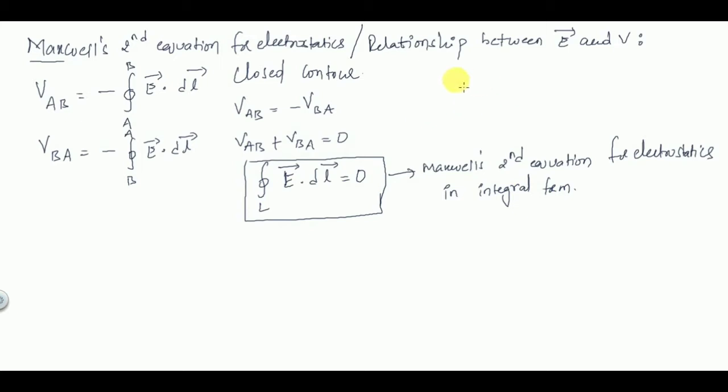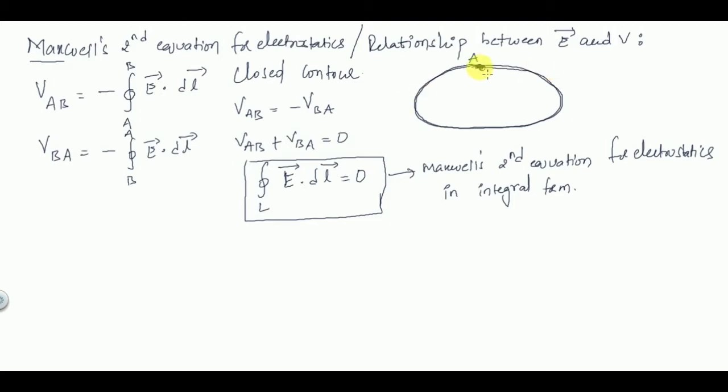So let me explain more clearly like this. If there is a closed contour like this, suppose this is the starting point here. So here you are moving the charge in this direction. So this is the path where you are moving the charge. So again the end point will also be the same, right?